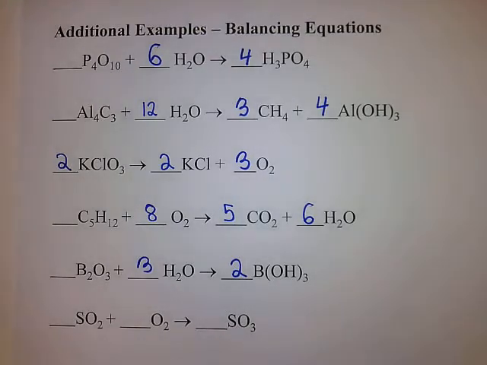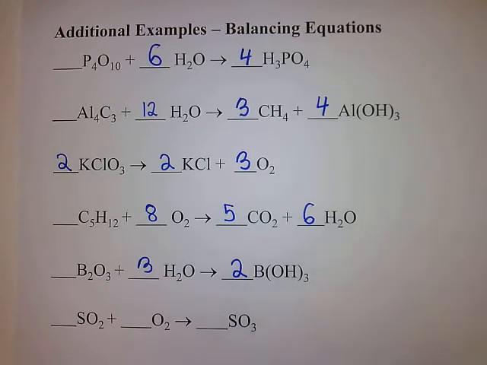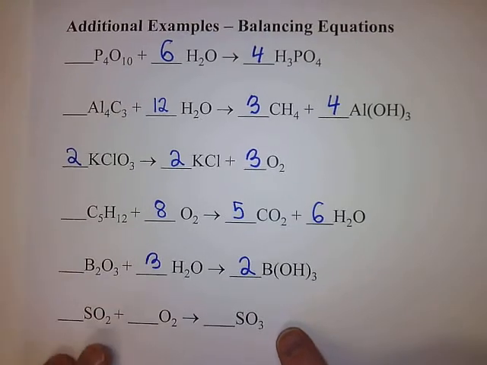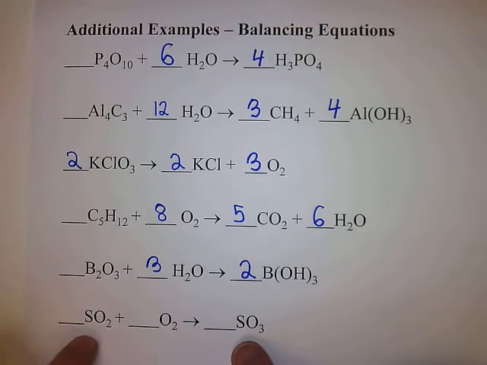And then our last one here is the combustion of sulfur dioxide to sulfur trioxide. So SO2 plus oxygen becomes SO3. So this is really just a trick of making the oxygen balance, because the sulfur is already balanced.